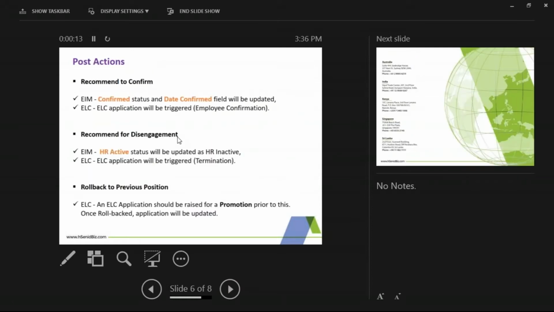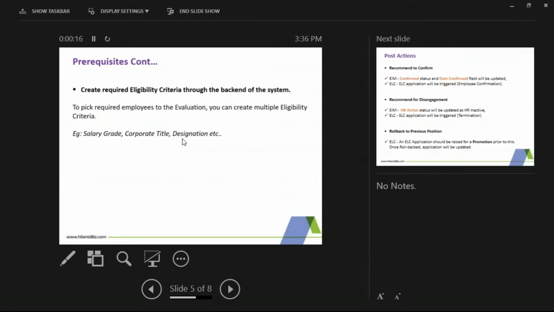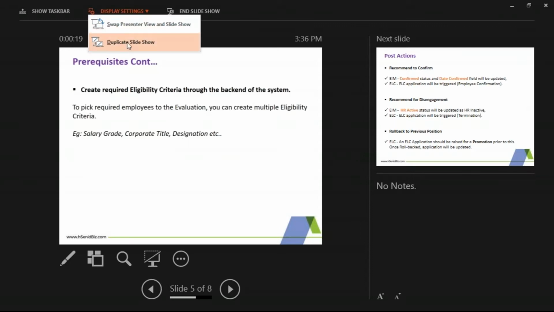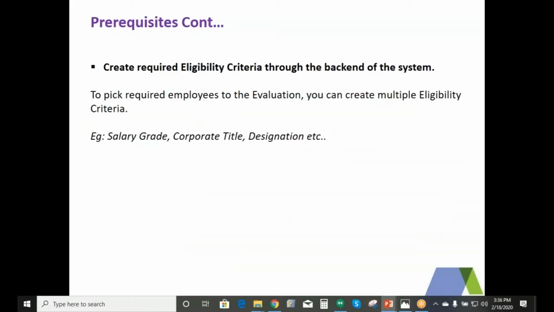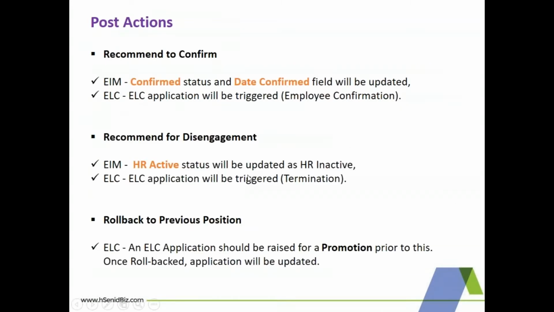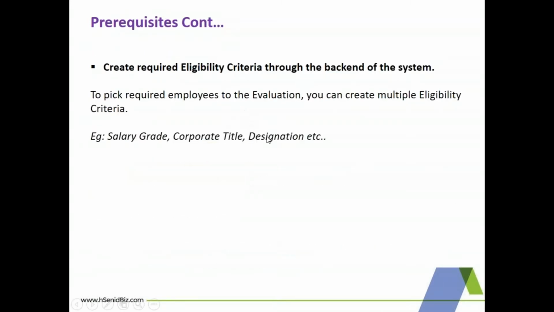Yeah, we have another prerequisite. You have to create the required eligibility criteria through the backend of the system. This part is more technical, so I'll share the detailed configuration document, and it contains how to create the eligibility criteria and map it with the system.